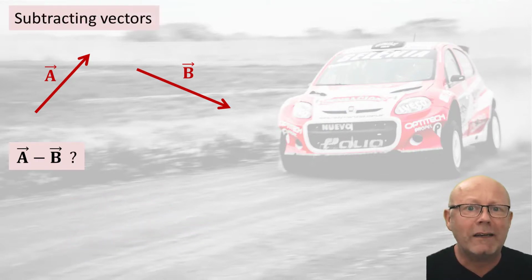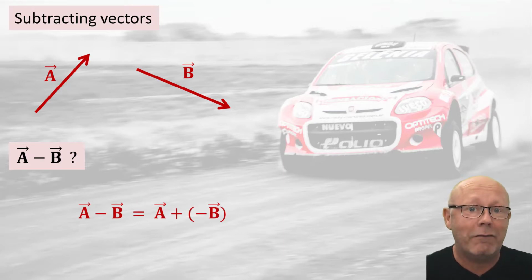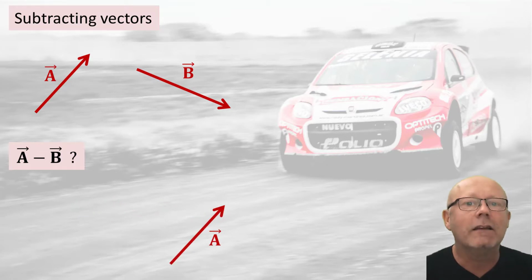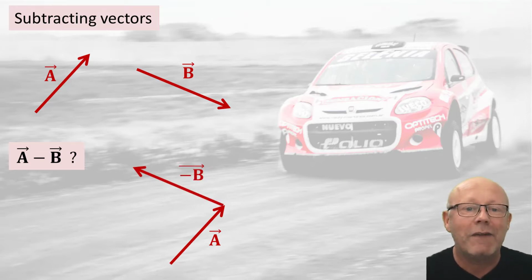What about subtracting vector B from vector A? This means finding a vector A minus B. To be truthful, nobody knows how to do that. But what we know is that you can add vector A to a vector minus B. So let's draw vector A, and from the tip of vector A, let's draw vector minus B. Vector minus B has the same magnitude and orientation as vector plus B, but in the opposite direction.